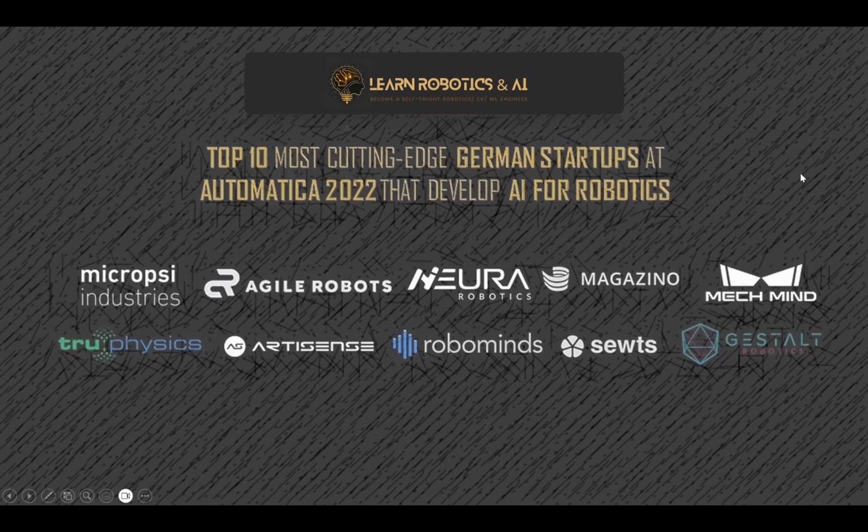And these are some of the most amazing startups, and I have experience working as an intern or working student in some of these companies. But essentially, all of these companies are top notch, and they would allow you to work on really great technology. Micropsi Industries, Agile Robots, Neura Robotics, Magazino, MechMind, Gestalt Robotics, Sereact, RoboMind, Artisense, True Physics.